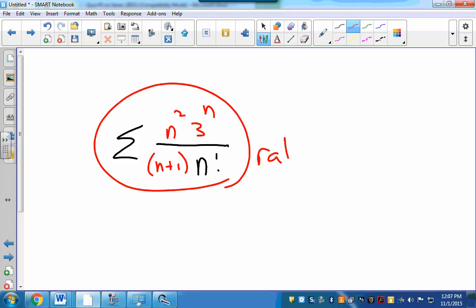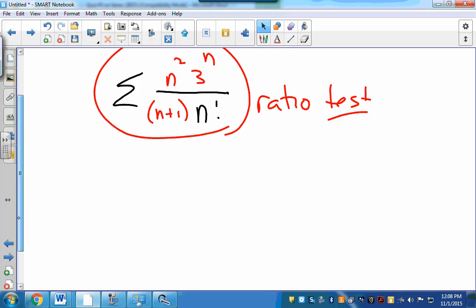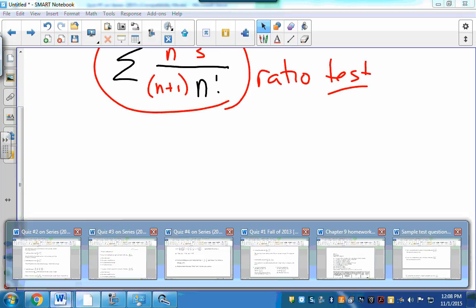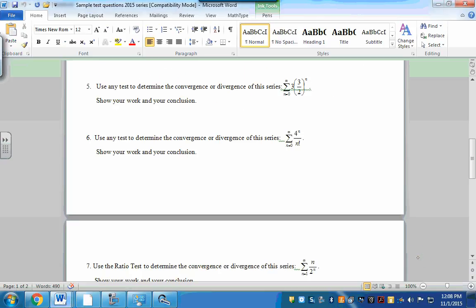So we did do that on quiz number 3. Make sure you look at that problem. I know there were some other problems in the problem set that dealt with factorials in the ratio test. Ratio test is going to be used a couple of times on this test, so make sure you understand. Now look at this one, number 6, for example. That's a ratio test problem.